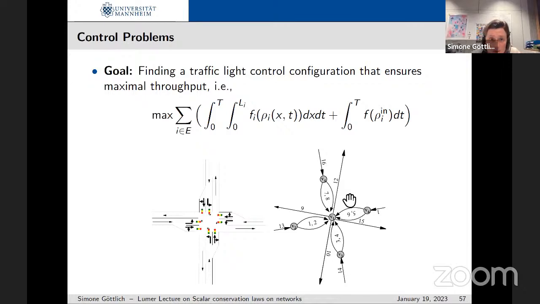So for example, if you think of finding a traffic light control configuration, as we see here, we have an intersection, many incoming and outgoing roads that might be interpreted as a graph or network given here. And you want to maximize the throughput via this particular cost functional here. And this might be constrained by the traffic net flow dynamics we have discussed up to now.